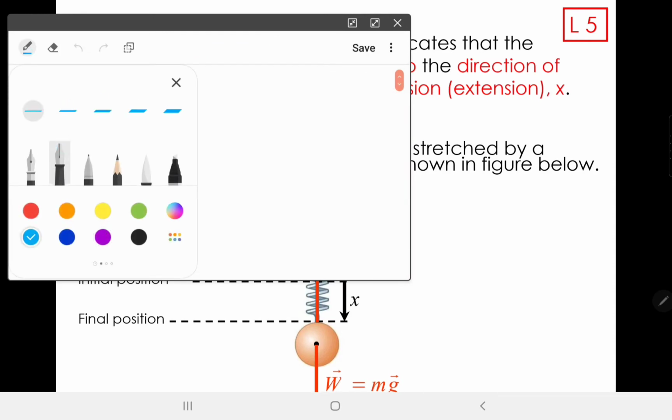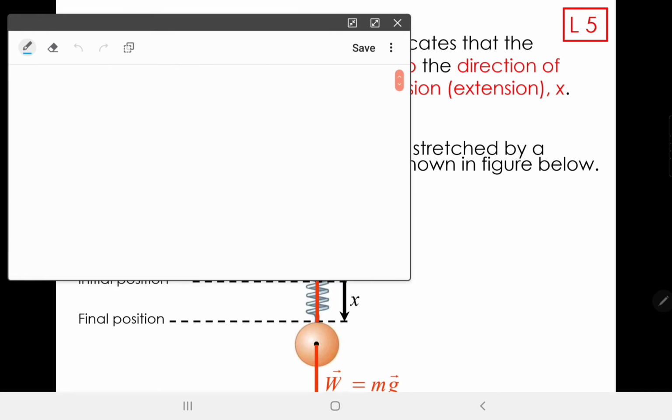According to this, under equilibrium, the sum of Fy equals 0. Two forces are exerted now, which are Fs and W. Fs is upward, so it must be positive, plus W, which is downward, so negative W, equals 0. So Fs equals W. What is W?